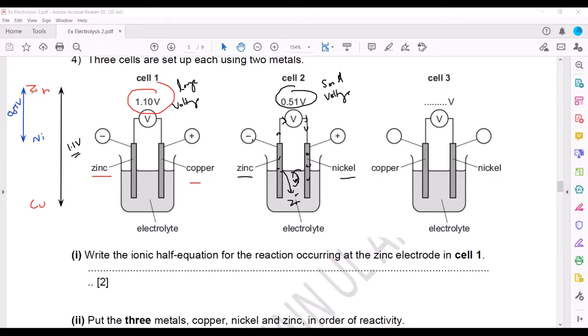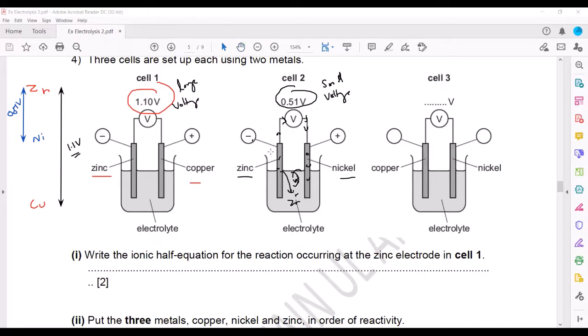The gap between zinc and nickel is smaller compared to zinc and copper. As we know, if there is a greater difference in reactivity, the voltage will be higher. So the voltage produced by the zinc and nickel cell is smaller compared to zinc and copper. That's why they have a smaller difference in reactivity. So zinc will be there, then nickel, and at the last there will be copper.